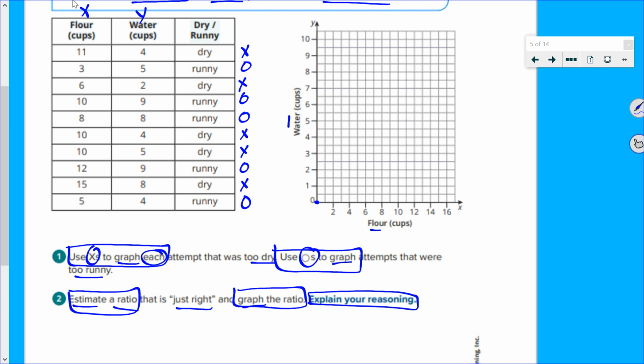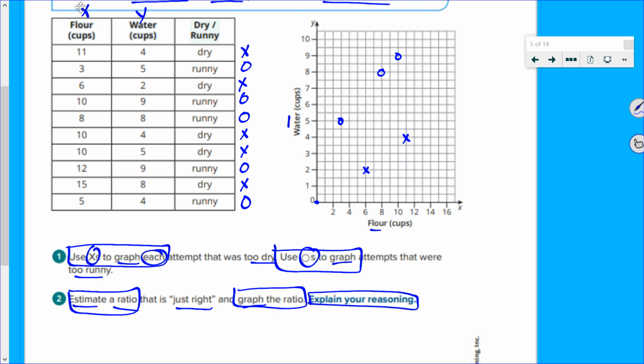So 11 to 4, I go over to 11, up to 4, and I put an X. At 3, 5, I have an O, because that one was too runny. At 6, 2, that's another X, that one was too dry. At 10, 9, that one is too runny. At 8, 8, that one also was too runny.